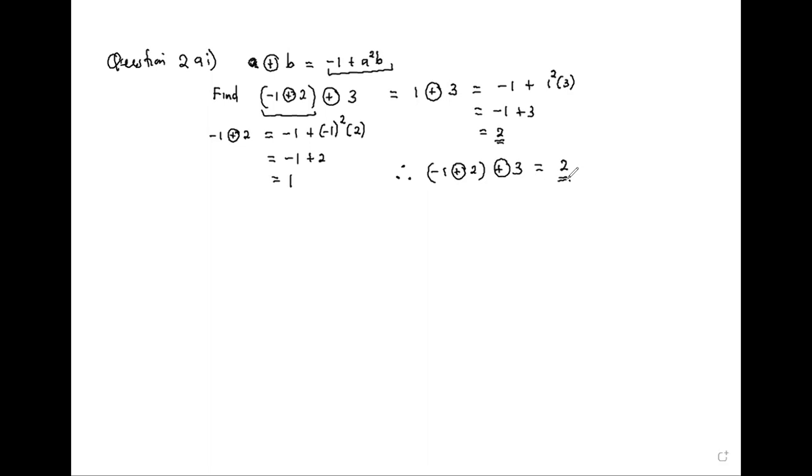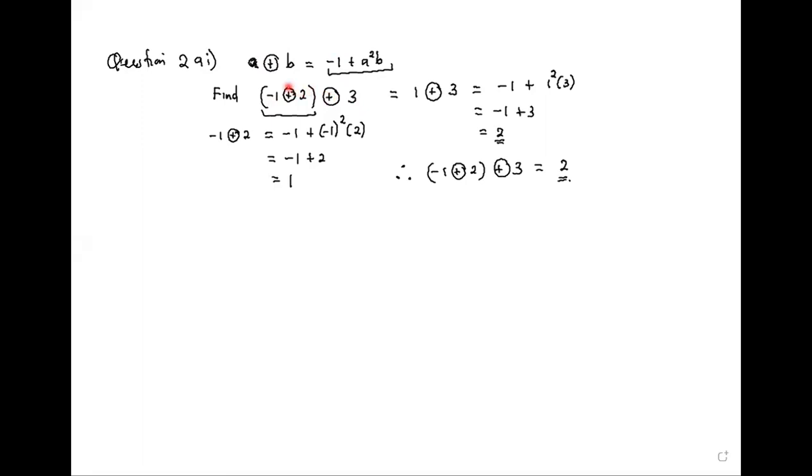Okay. So for you to be able to solve this binary setup, you are given to find -1 plus 2 plus 3, where these pluses here are the binary operations.